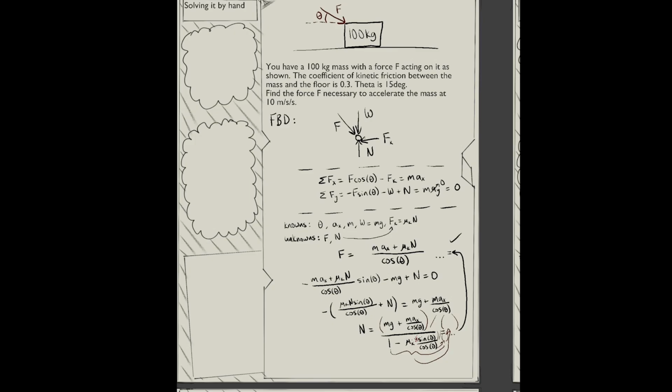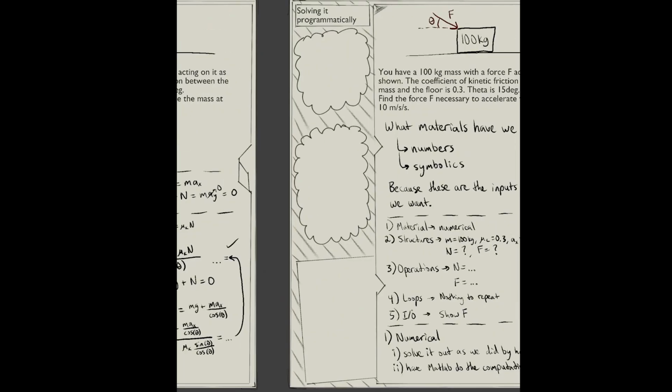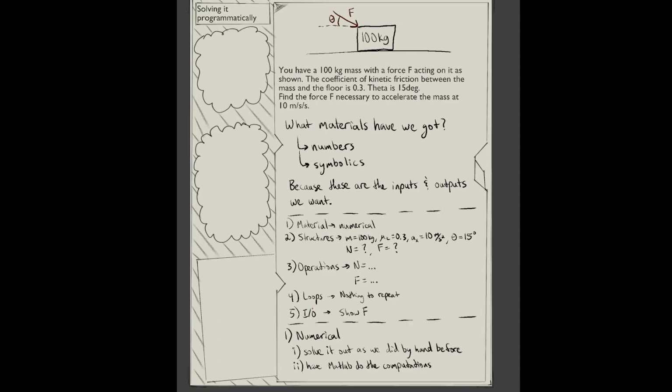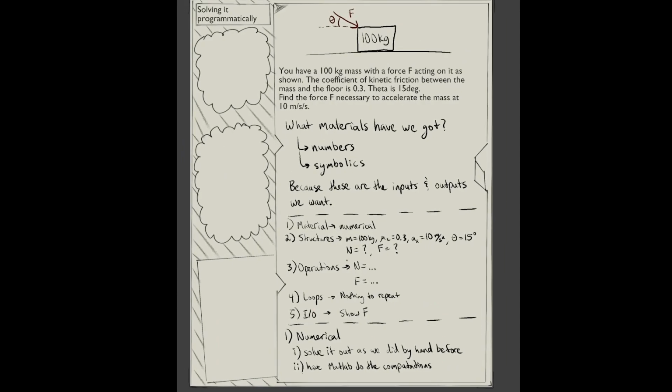Mu K times sine of theta divided by cosine of theta. So that's how we were going to do it numerically, right? We already solved how to do the physics written out. So then we can write it out and have Matlab do the computation. N is whatever it solves out as, F is whatever it solves out as. Then we have loops. In this case, it's pretty simple.